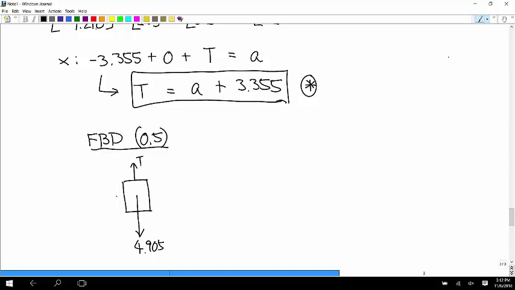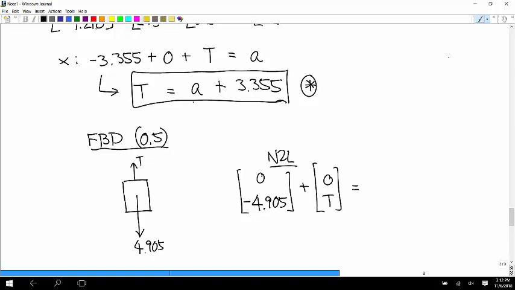And remember, for this body, we're using the normal coordinate system, so we don't have to deal with the angles and stuff. So Newton's second law here says negative 4.905 plus 0T is equal to the mass times the acceleration.